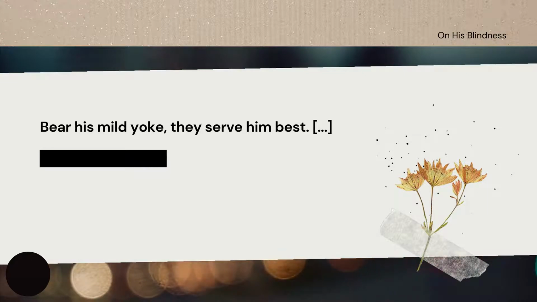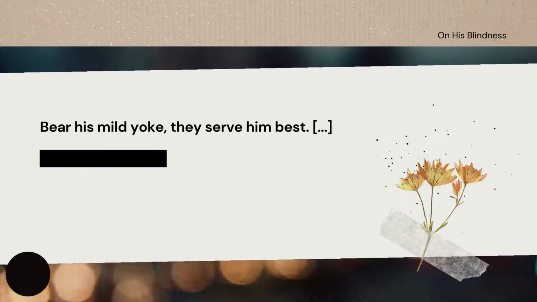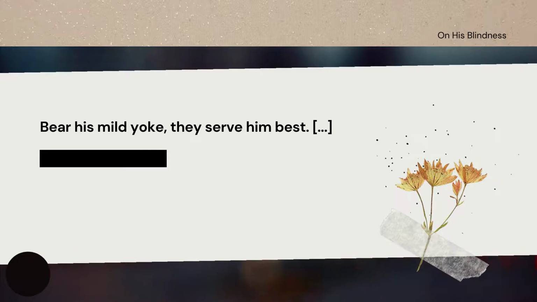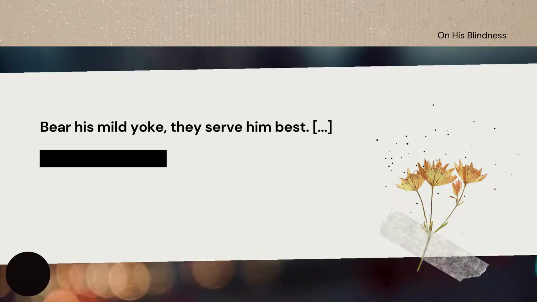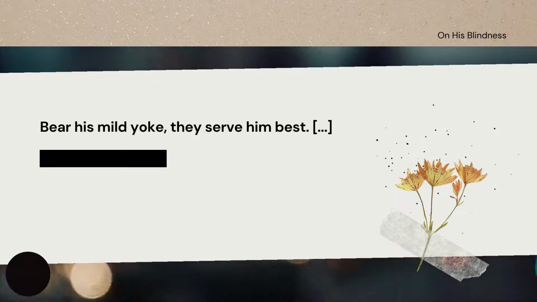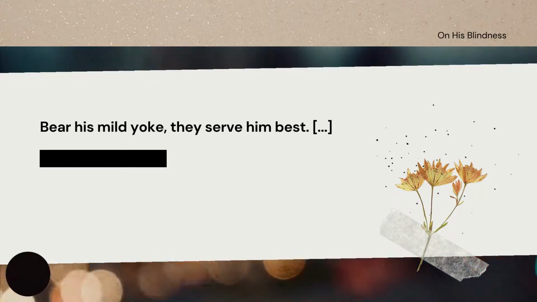So let's continue with this line. "Bear his mild yoke, they serve him best." Yoke here means a wooden crosspiece that is fastened over the necks of two animals and is attached to the plow or to pull the cart. So in these lines, Patience is telling Milton that God needs nothing from anyone, and all you have to do is just bear his mild yoke.